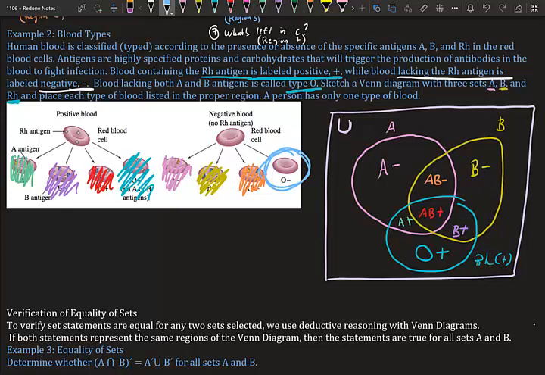What do you think is going to go right here in our universal set? I hope you said O negative. I hope you thought it. So O negative: O has nothing to do with A or B, and negative has nothing to do with Rh. So we have O negative.